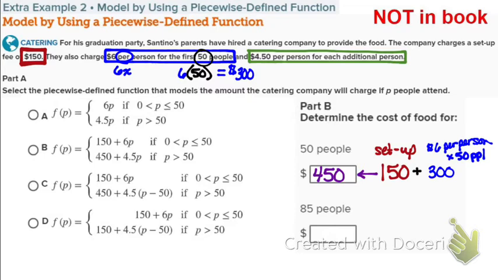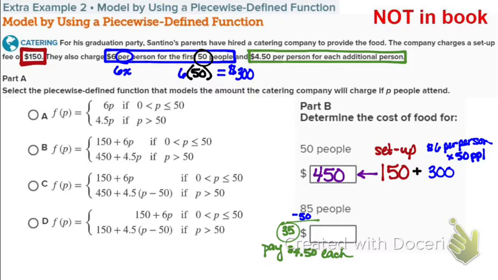So when I come down here, 85 people, I'm going to subtract out the first 50. We have 35 people left where we pay $4.50 each. Do I still need to pay the setup fee? Yeah. Do I still need to pay this $300? For the first 50 people, I do.